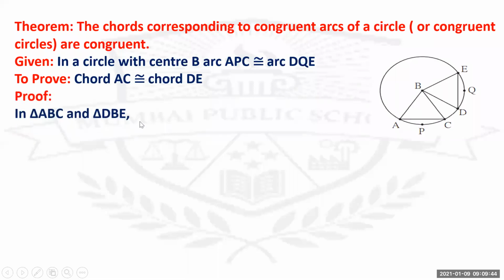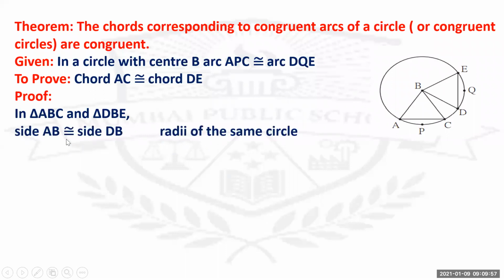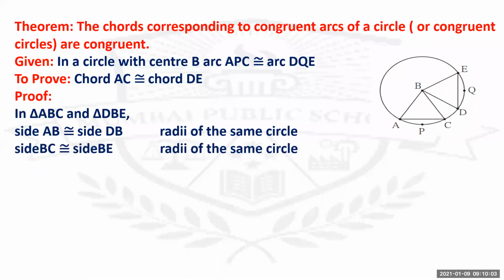Triangle ABC and triangle DBE. You have to get these triangles congruent. Side AB is congruent to side DB, the reason being the radii of the same circle. Side BC is congruent to side BE, again the reason remains the same: they are the radii of the same circle.